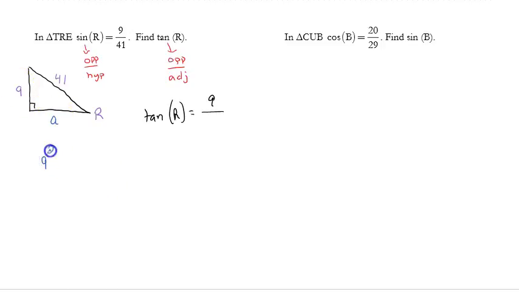It's leg squared plus the adjacent side squared equals the hypotenuse squared. When we solve this, 41 squared minus 9 squared, and take the square root of that, we should get that the adjacent side is 40. The tangent of angle R is 9 over 40. Look to simplify if you can. That doesn't, so we're done.